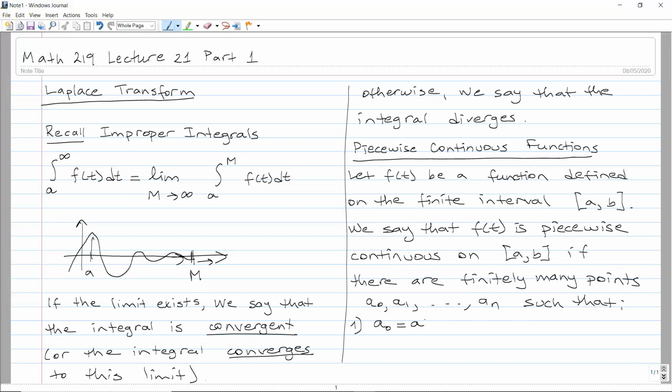The first number should be the initial point of our interval, A. Then they are in increasing order, and the last one should be the endpoint B. So these numbers divide our interval into n subintervals so that our function f is continuous.